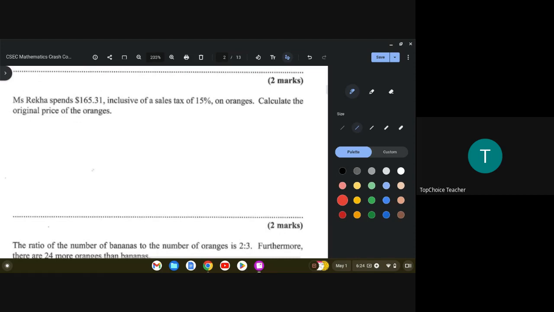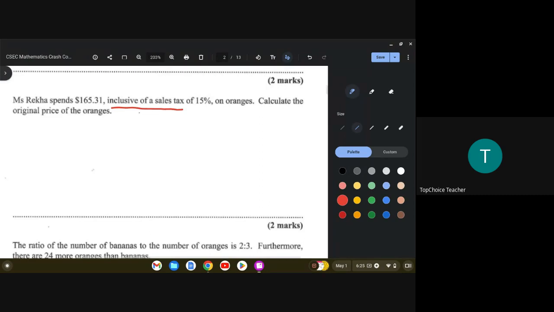Rika spends $165.31, inclusive of a sales tax of 15%, on oranges. So she spends this amount of money and purchased oranges with it, but the money includes a tax. Calculate the original price of the oranges.